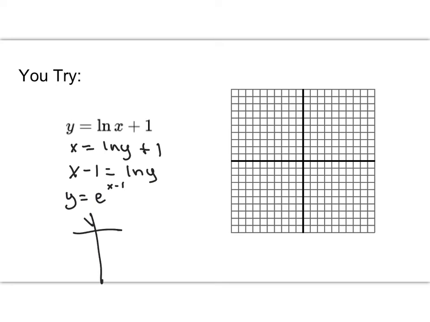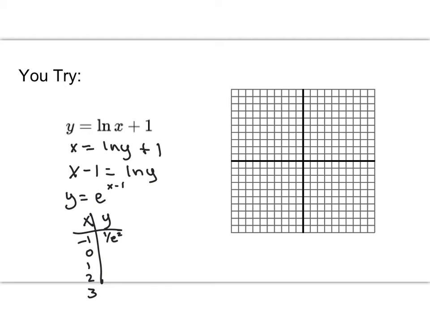Okay, so let's make a table of values. -1, 0, 1, 2, and 3. And I'm doing that because if I subtract 1 from my exponent every time, then that's going to shift all of these numbers. So e to the (-1 minus 1) would be 1 over e squared, because that'd be e to the -2.